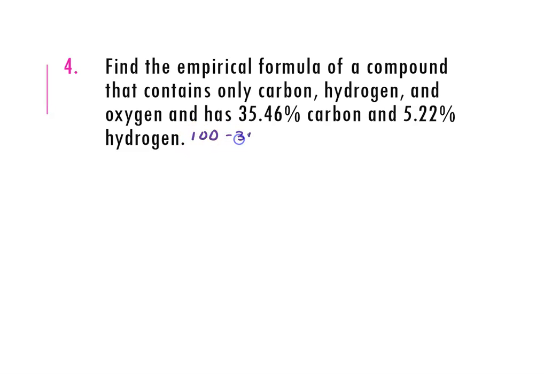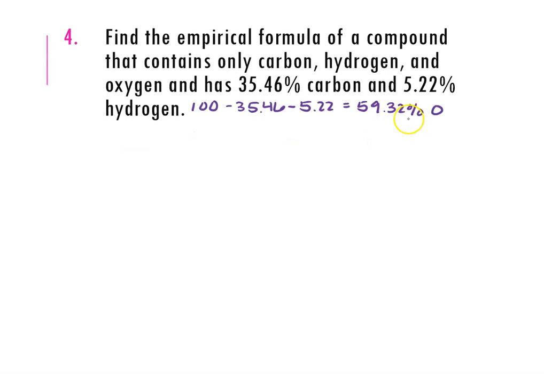If carbon is 35.546% and hydrogen is 5.22%, if I subtract both of those from 100, everything that's left has to be oxygen because it's the only other thing in my compound. So I get 59.32% oxygen. Now that I have my percent oxygen, I can continue on with my problem.